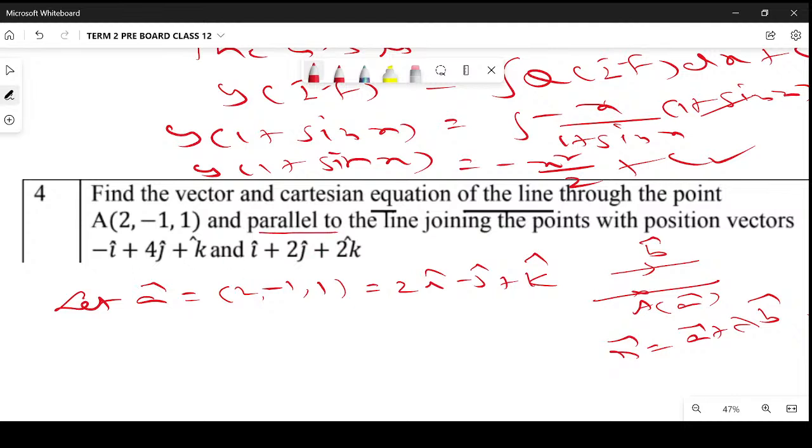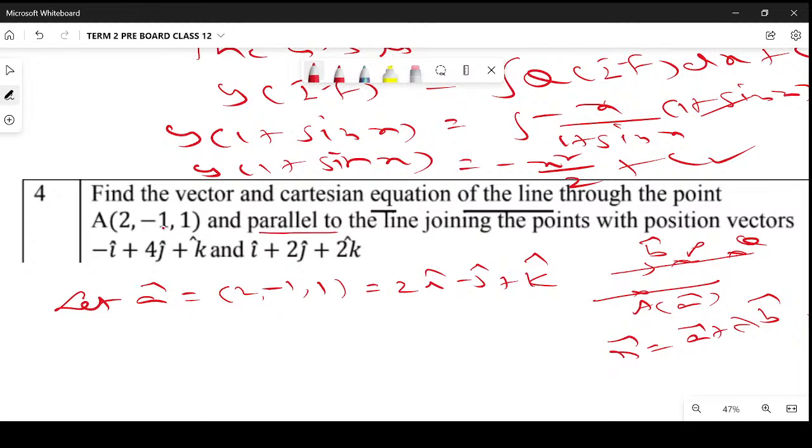Let's suppose on B bar, this is the vector. Let it be the points P and Q. I'm just giving an idea about this. The given point P is this, point Q is this. So you should find the direction ratios of PQ bar.